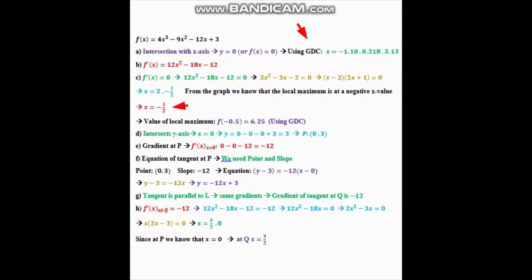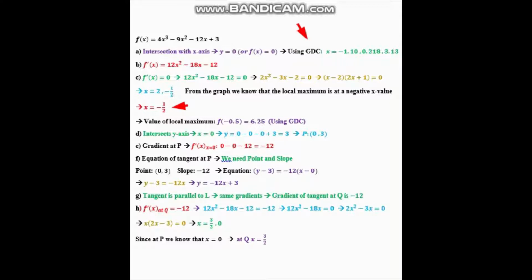If I want to get the actual value of the local maximum, watch out, because in the question they did not request the x that makes the function maximum. They've requested the value of the local maximum, so that's the y value.